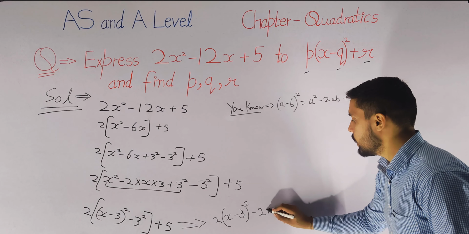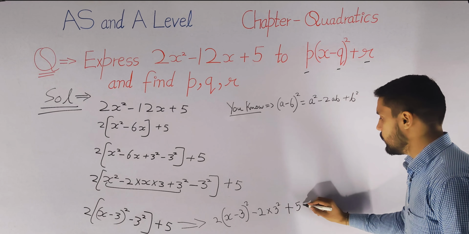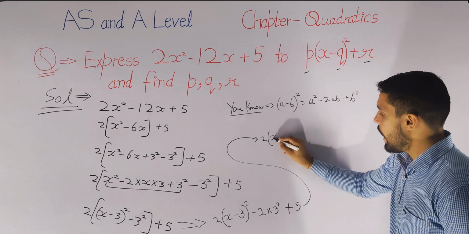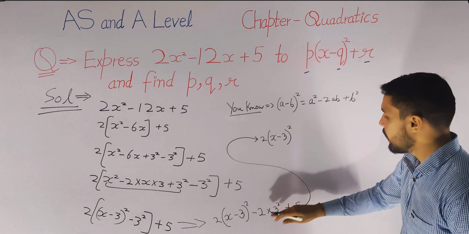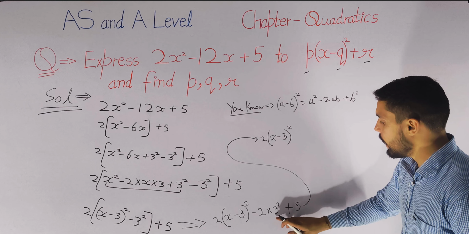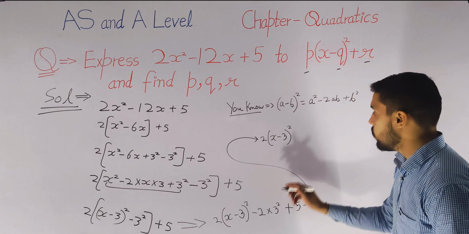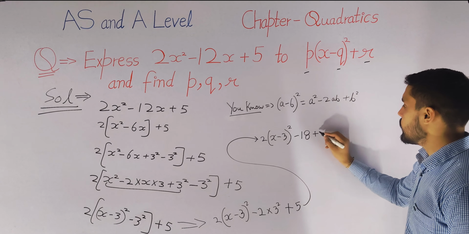And further solve this: you will get 2 multiplied by x minus 3 whole square, and multiply 2 with negative 3 square, and write plus 5 as it is. Solving further, 3 square is 9, and 9 multiplied by 2 gives minus 18, and write plus 5 as it is.